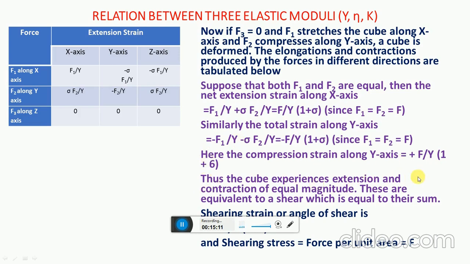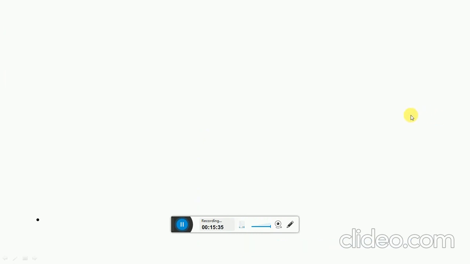Thus, the cube experiences extension and contraction along that particular direction, and these are equivalent to shearing strain, that is the angle of shear theta. Considering shearing stress is equal to force per unit area, F, that is equal to F, because A is equal to unity here in this case.